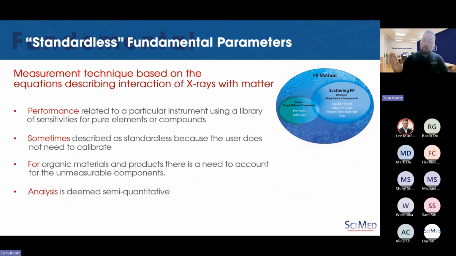When I give the elemental range for XRF, saying it spans from sodium to uranium, it means you can't directly measure those elements lighter than sodium, particularly not with energy dispersive XRF. The reason that matters is that they're often a dominant component of the organic matrices of the sample. So using fundamental parameters can allow for modeling of those elemental effects of the matrix without the need to be able to measure and have samples where those unmeasurable elements are characterized.